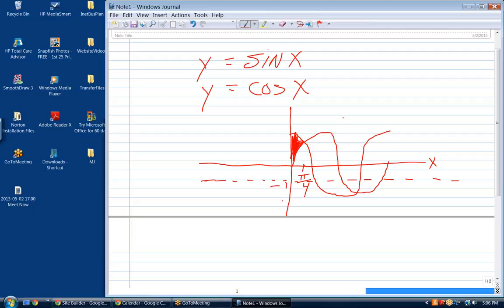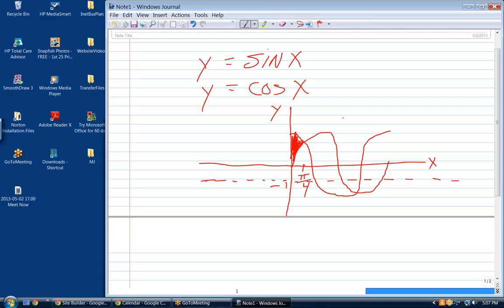Okay. So that's going to be a washer. Let me think about this for a second. If you haven't done these for a while, you have to get back in the frame of mind of doing them. If we were to revolve that around the x-axis, it would be relatively easy, but revolving it around the line y equals -1, we would have to use washers.